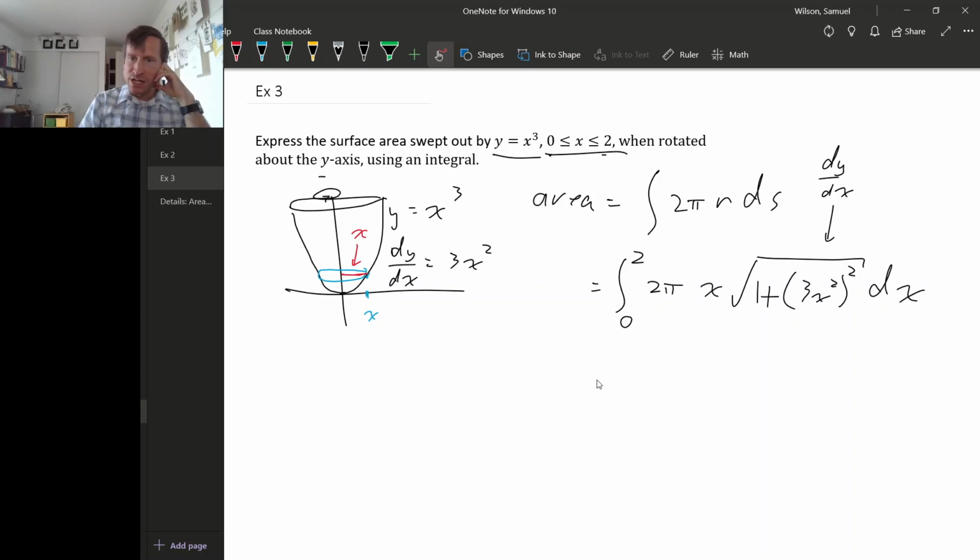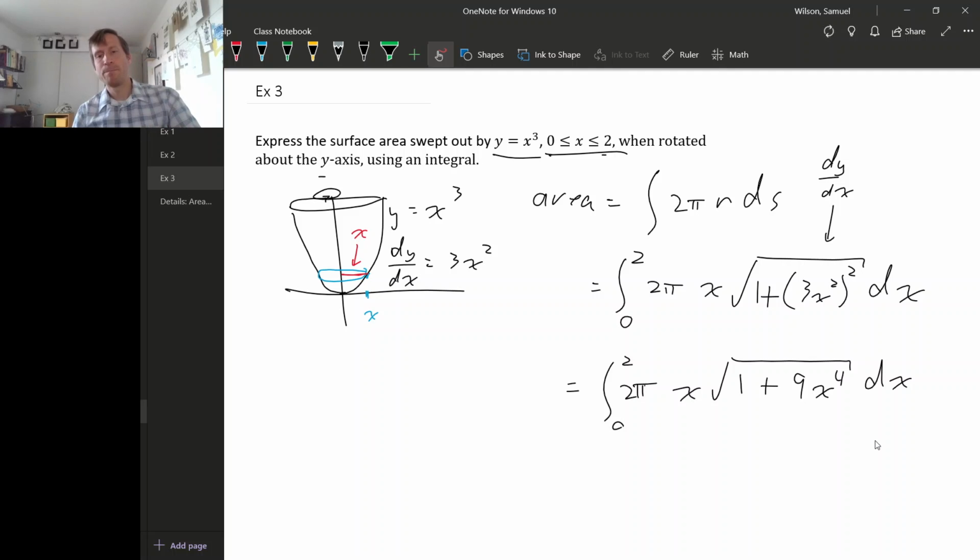Okay, so simplifying this integrand, we get the integral from 0 to 2 of 2 pi x times the square root of 1 plus 9x to the 4th dx. Okay, so can we go any further with this?